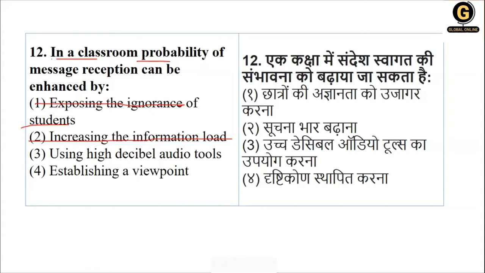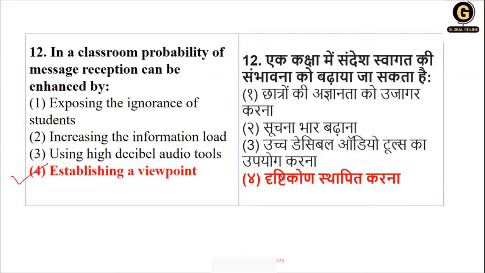Using high decibel audio tools is not at all possible, definitely there is a capacity for noise decibels, so this is not the correct answer. So establishing a viewpoint can be the probability. Whenever you give a receptor a viewpoint establishment, the chances for message reception become high. Enhanced means it becomes high. So you have option number 4 as the correct answer.